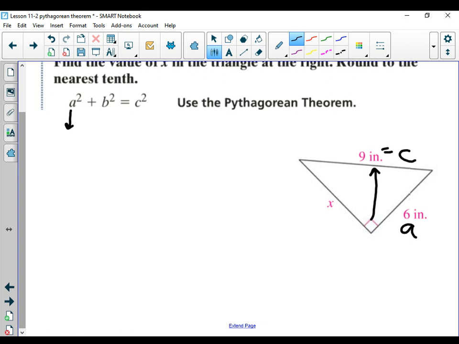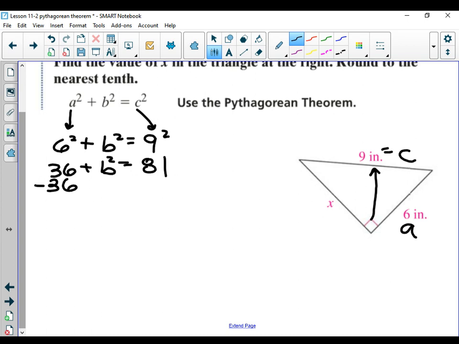So A hops out, 6 hops in. B stays, C hops out, 9 hops in. 81 minus 36. Can't add it, guess we subtract it.